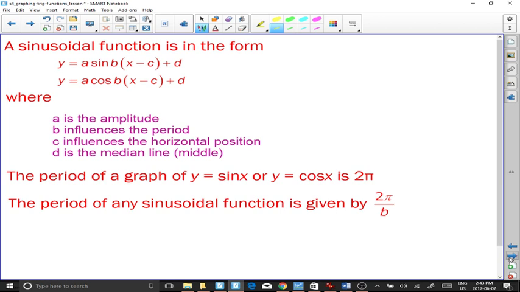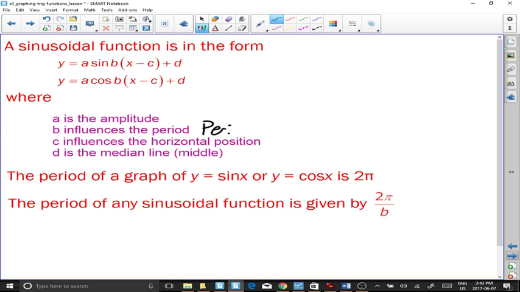Again, we've also seen this before too. A sinusoidal function is of the form y equals a sine b bracket x minus c plus d, and the same formula with cosine in it as well. We talked about A being the amplitude, B influencing the period.